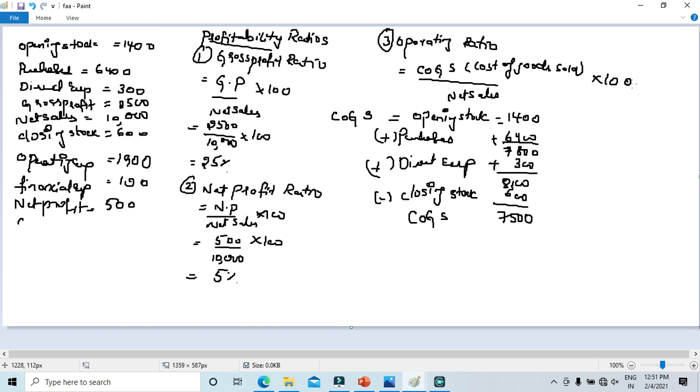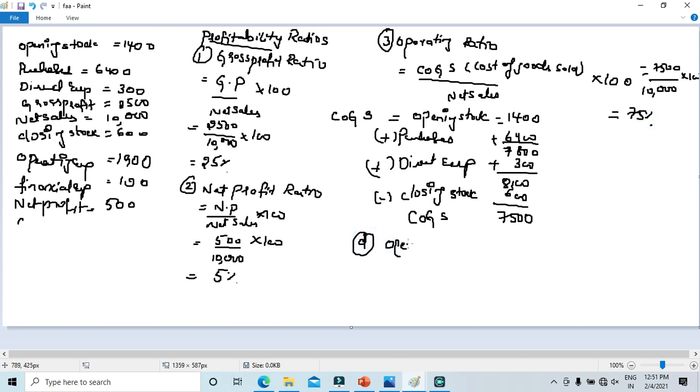We got the numerator now: 7500 divided by the sales of 10,000 into 100. So your operating ratio will be 75%.